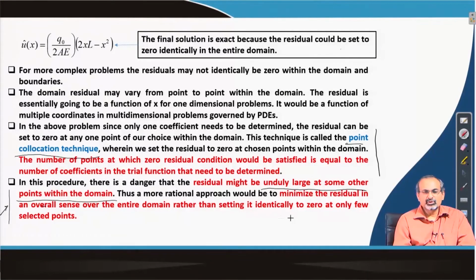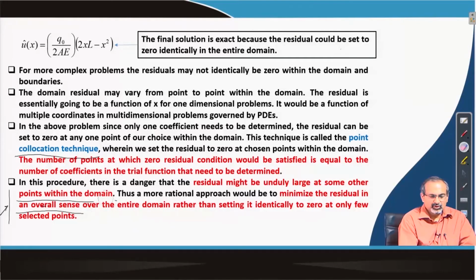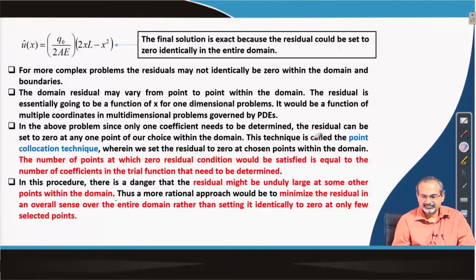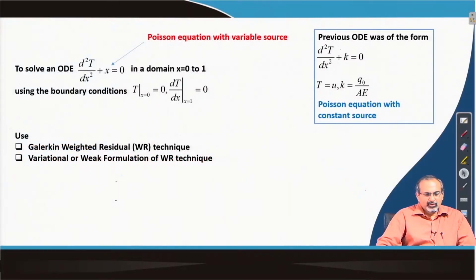Therefore, a much more rational way of pursuing the whole problem would be to minimize the residual in an overall sense over the entire domain, rather than trying to set it identically to 0 only at a few select points. So, that gives rise to a more generalized procedure, which we call the weighted residual technique. We will talk about the weighted residual technique shortly.